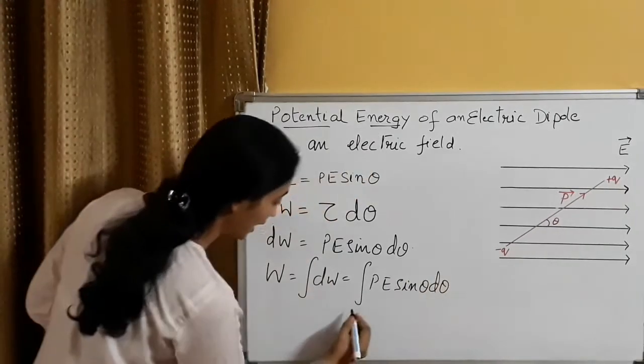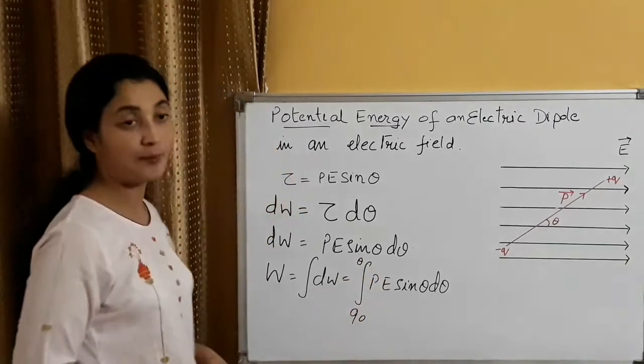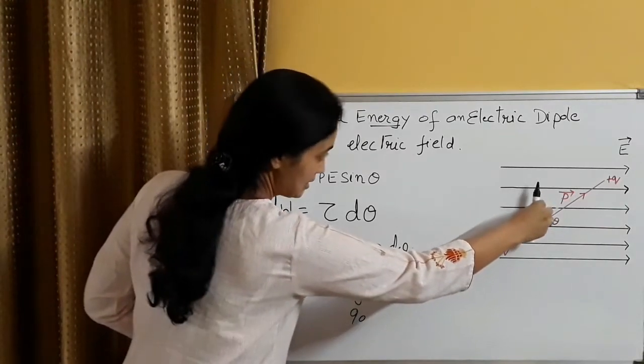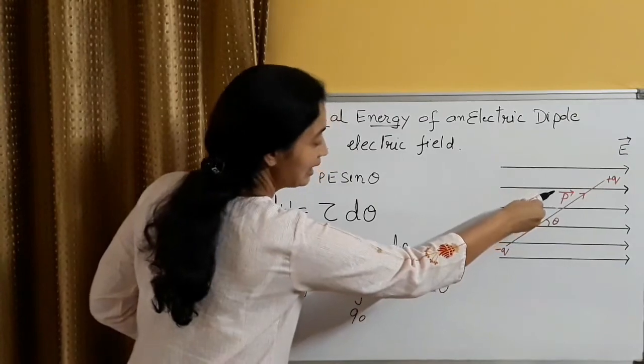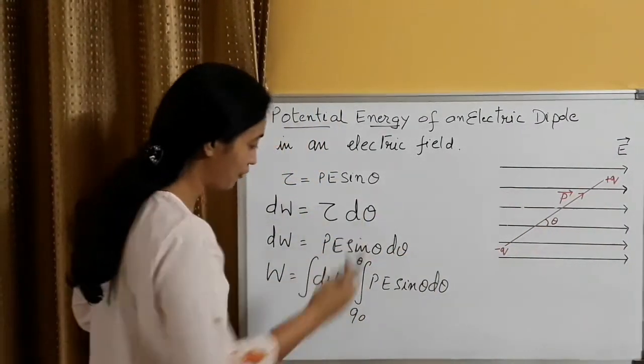Integration of small work done is integration of P E sin theta d theta. Now the limits are applied from 90 to some general angle theta, which means we are assuming initially your dipole moment is perpendicular to electric field, and you are aligning it to some angle theta, from 90 to theta, theta initial to theta final.